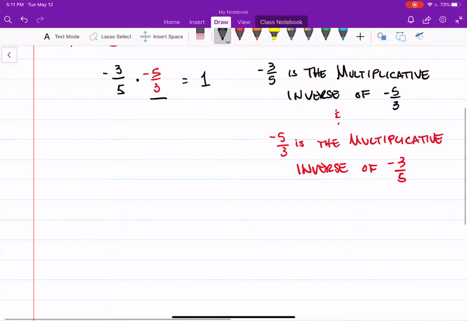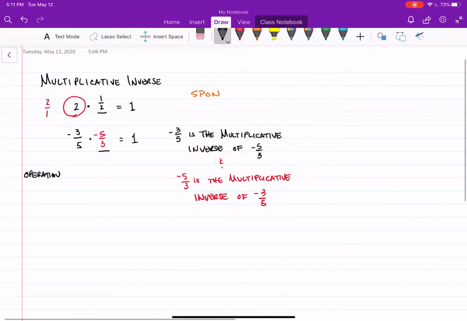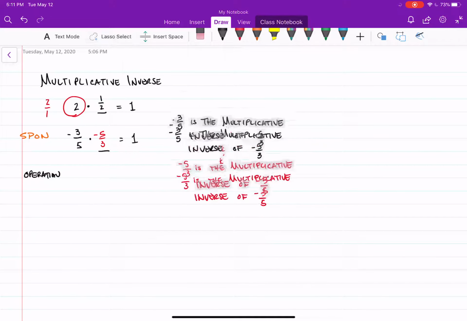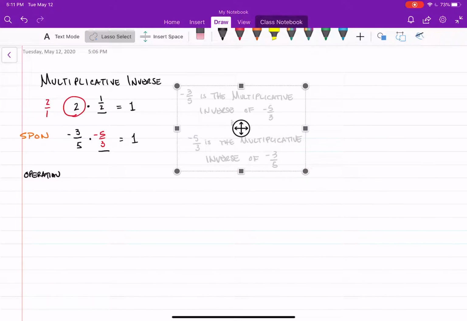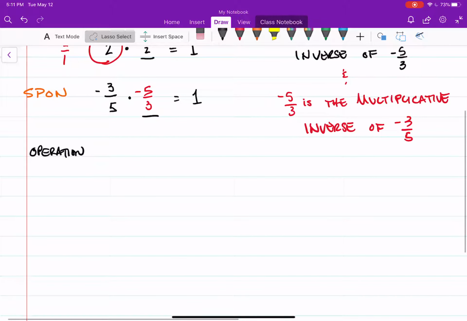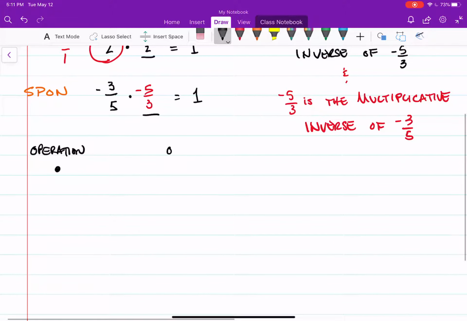Now, if I was to talk about the operation, right? So let's do this here. Let's take this, put it over here, take this, move it up, okay? So when I talk about the operation of multiplication, I need to also talk about the opposite operation, okay?